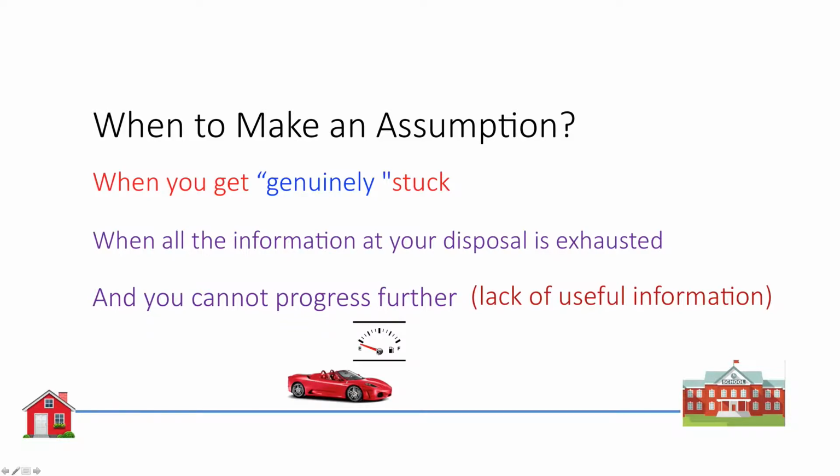That's the point wherein you have to get some additional fuel and put it into your car, which is the equivalent of making an assumption, which is the equivalent of bringing in that ladder or digging a tunnel to overcome the hurdle. Now, do you want to take another example of when to make an assumption, how you get stuck, and how to overcome it?